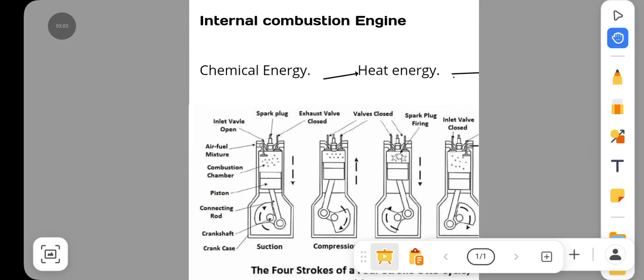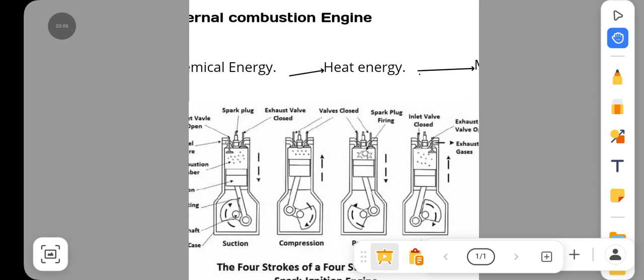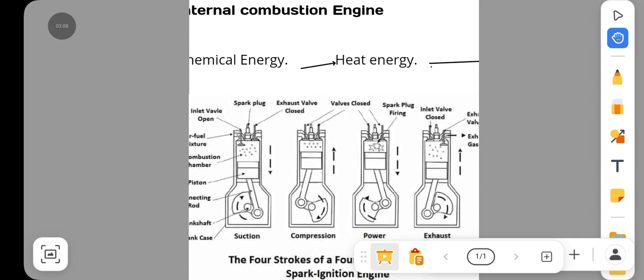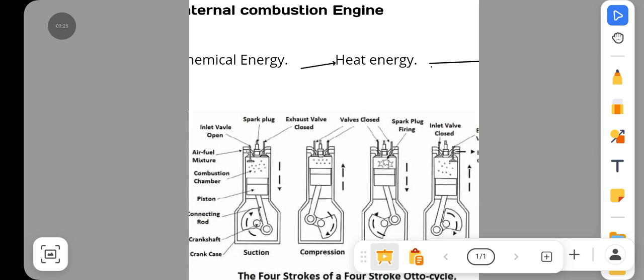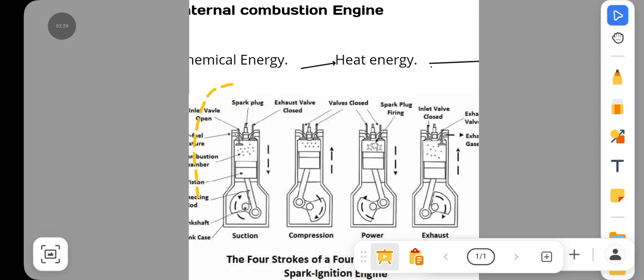So an internal combustion engine can be described in four strokes. This is an example of an Otto engine. In the first stroke, the piston is at the top dead center, and then fuel is injected into it.